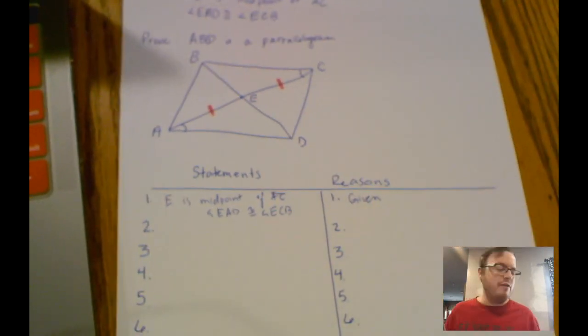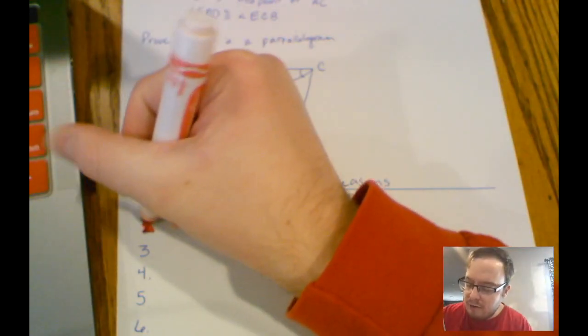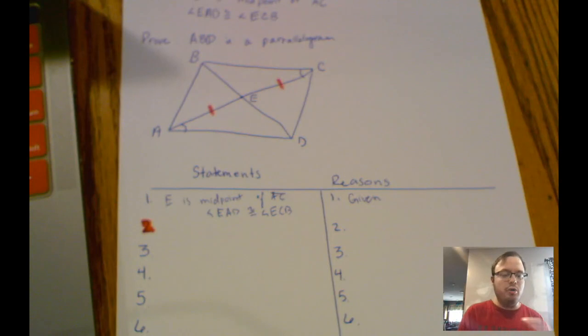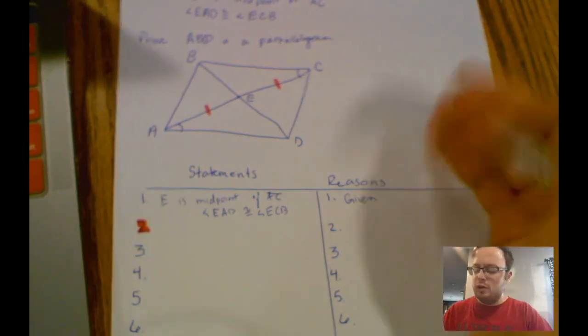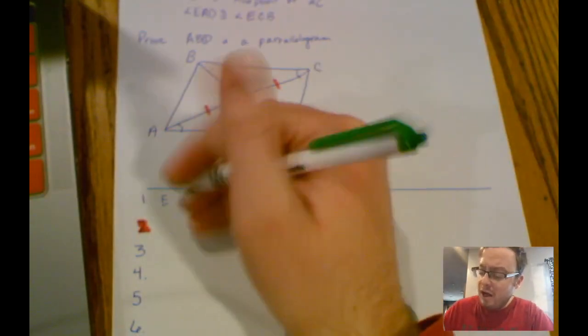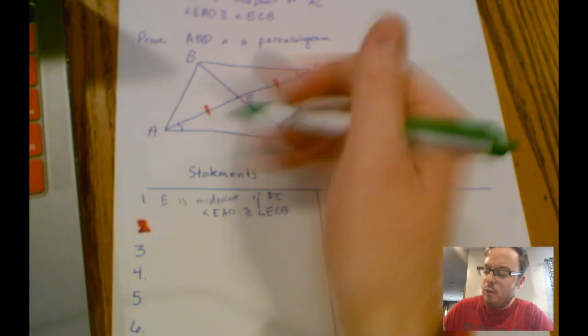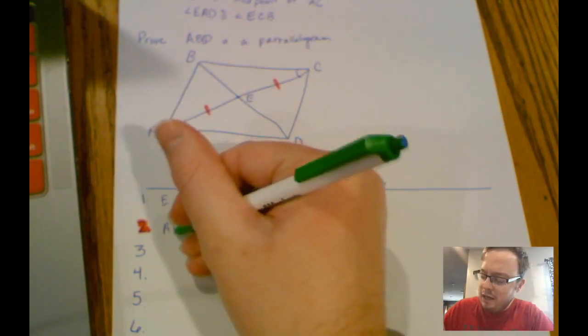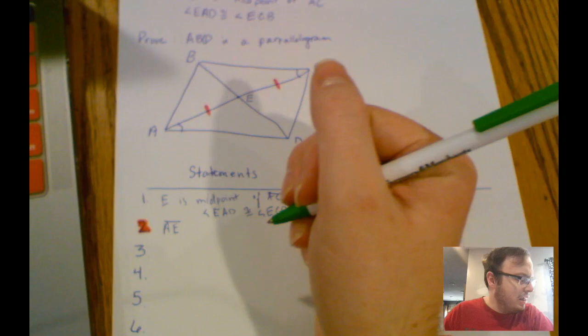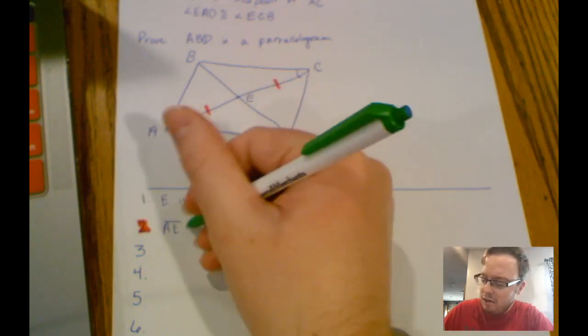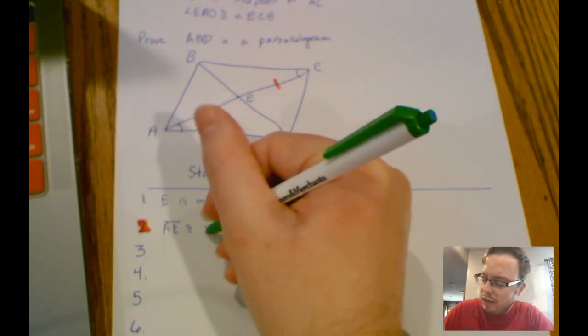From there, I've already preemptively done this in red, so I'm going to color code this in red so you can match up the color coding with what I put on the picture. Because E is the midpoint, we know that AE, that length, is congruent to EC.